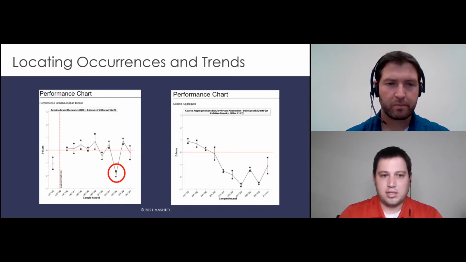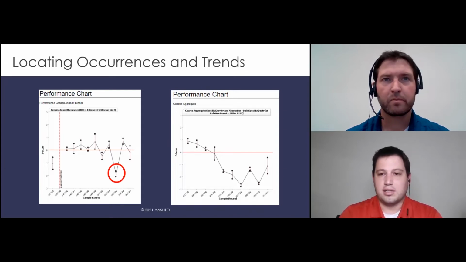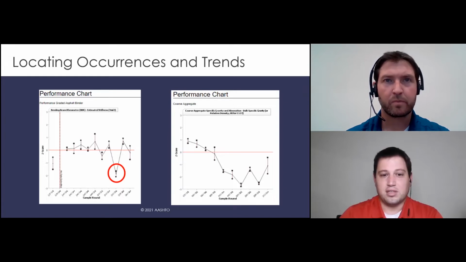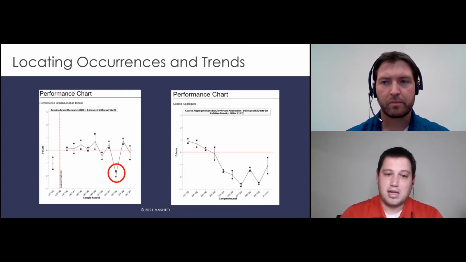So, an example on these two. The first one on the left is the PGB sample BBR stiffness for trial 2. You see on 255 and 256, we had one round of scores that was very far away from the average, and it's not in line. All the rest of the scores, for the most part in the history of this sample for this lab, fell very close to the grand average.